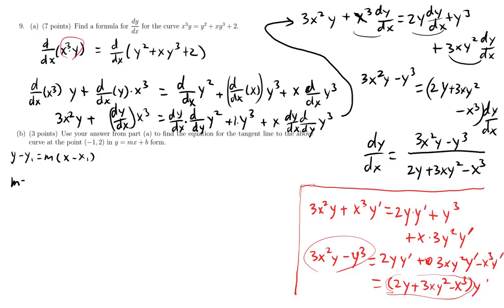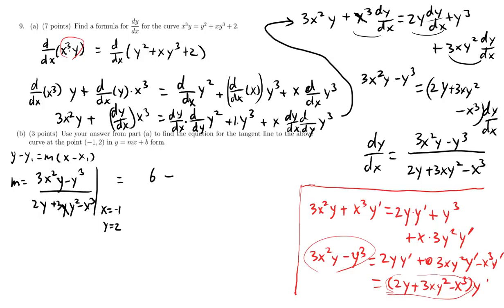So m would be this 3x squared y minus y cubed over 2y plus 3xy squared minus x cubed, evaluated at x equals -1 and y equals 2, at -1, 2. So if you plug that in, that's -1 squared is +1, and times 2, so that's 6.